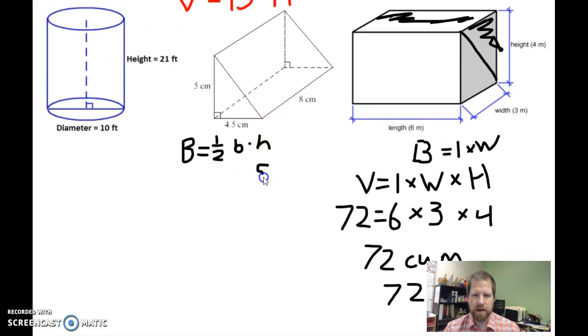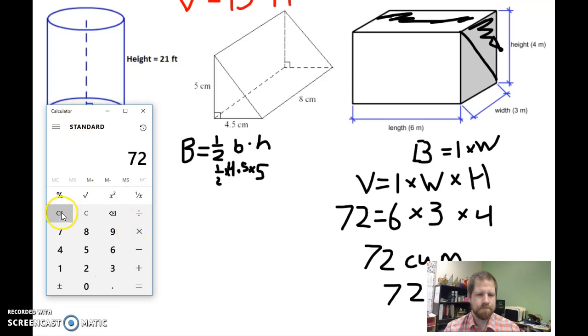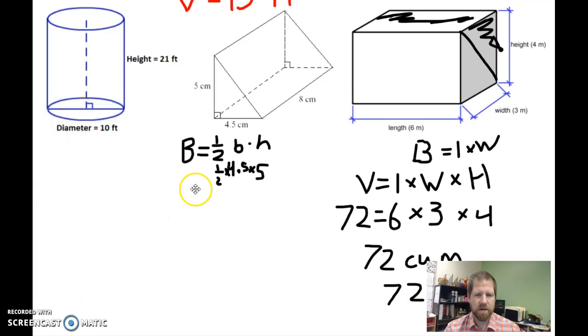All right, so now we'll plug them in. We've got the height is 5. The base is 4.5. And then we got 1/2 times 4.5 times 5. Calculator. 5 times 0.5 times 4.5, 11.25.